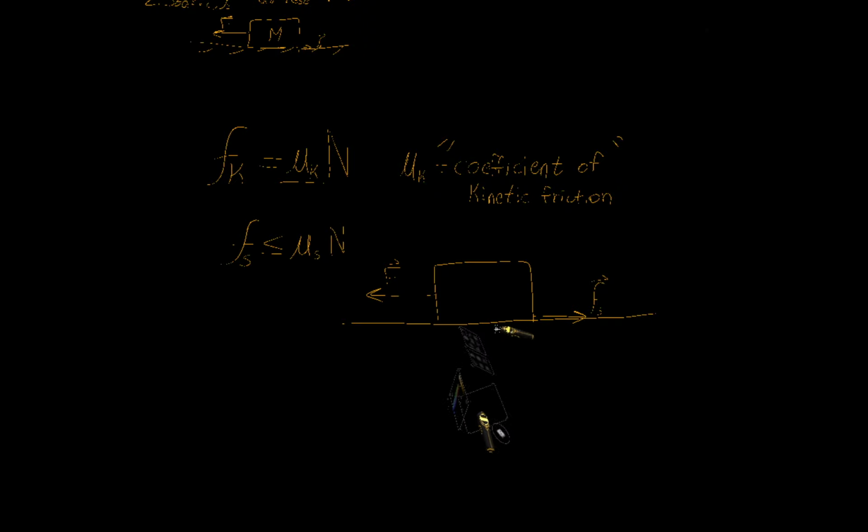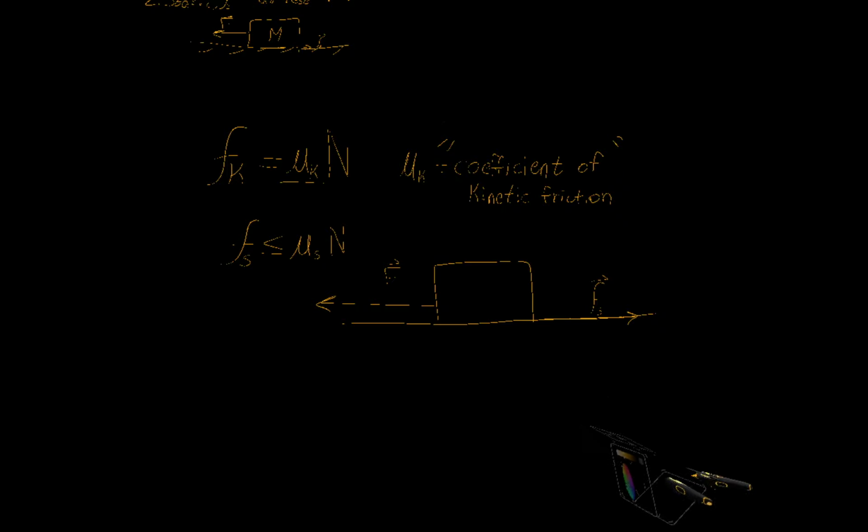But if you push a little bit harder, let's just say this hard, and that happens to be the threshold just before, right? So if you pushed with just 0.00001 more newtons, then the box would start moving.